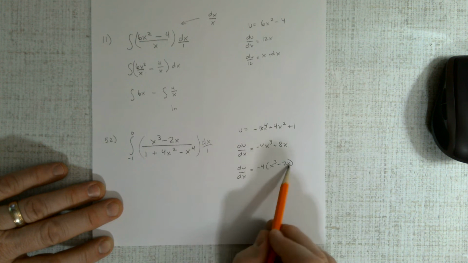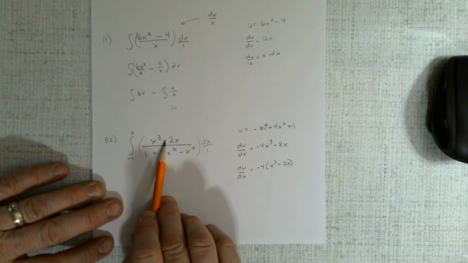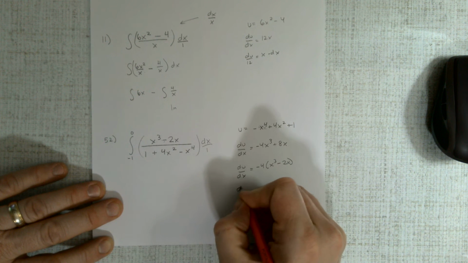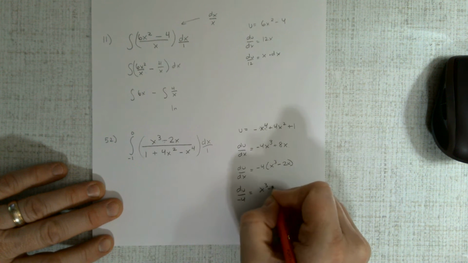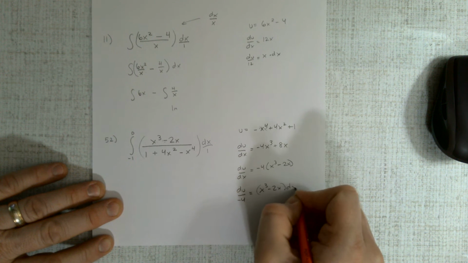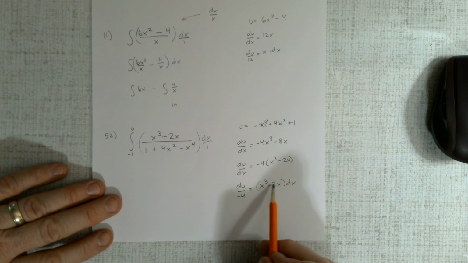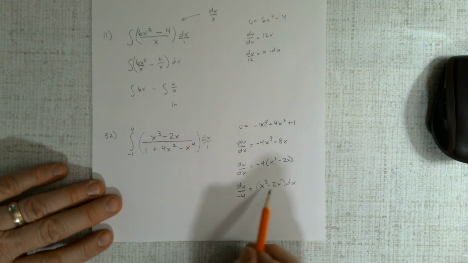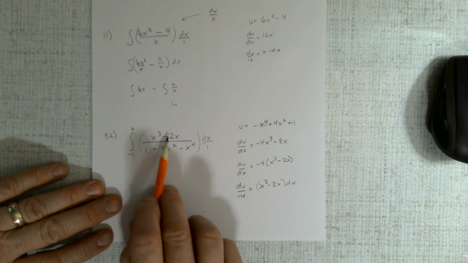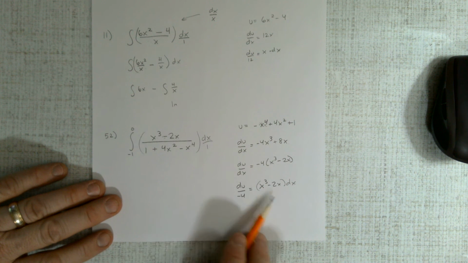Now this is looking exactly like that. Move this over. Du over negative 4 is equal to x cubed minus 2x and dx. And see how they're together now. This goes right with this because they're both in the numerator here. So now you have everything you need to do to substitute in there and do the math.